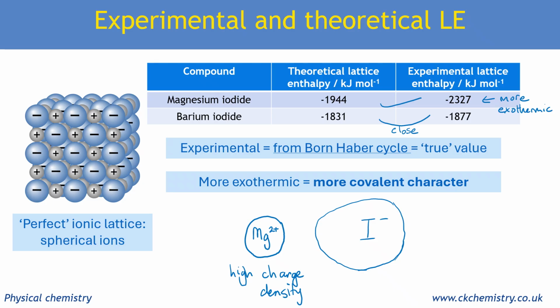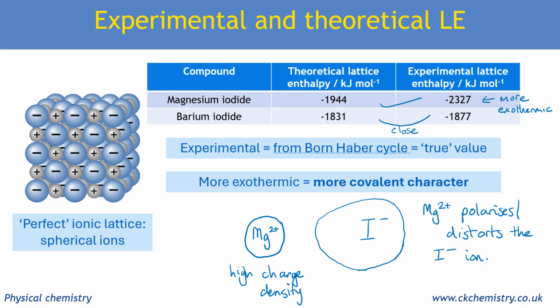And so how we describe that is we say that Mg2+ polarizes or distorts the I- ion.